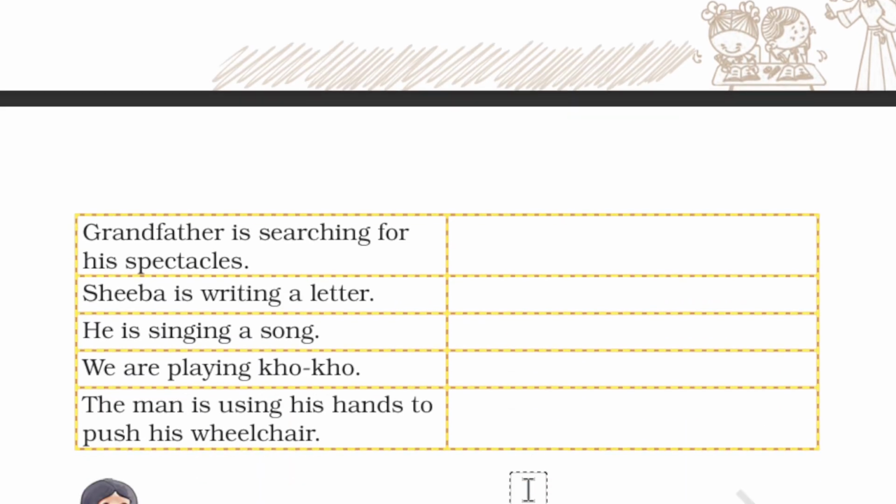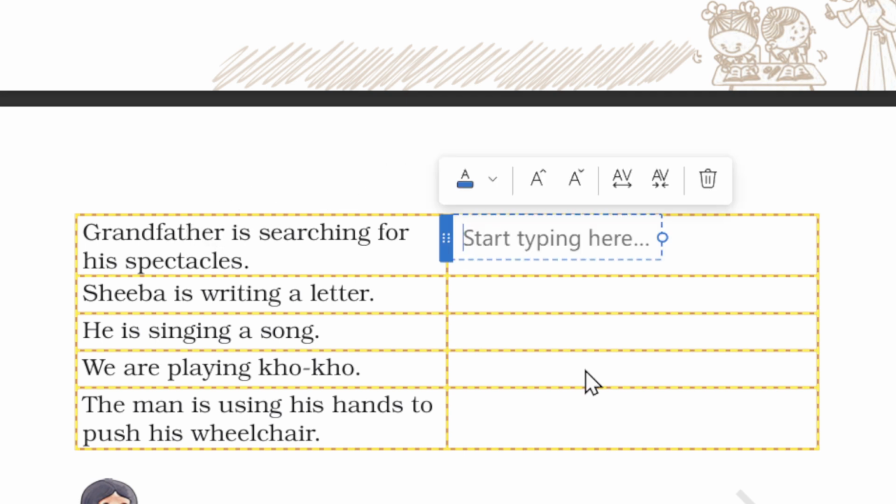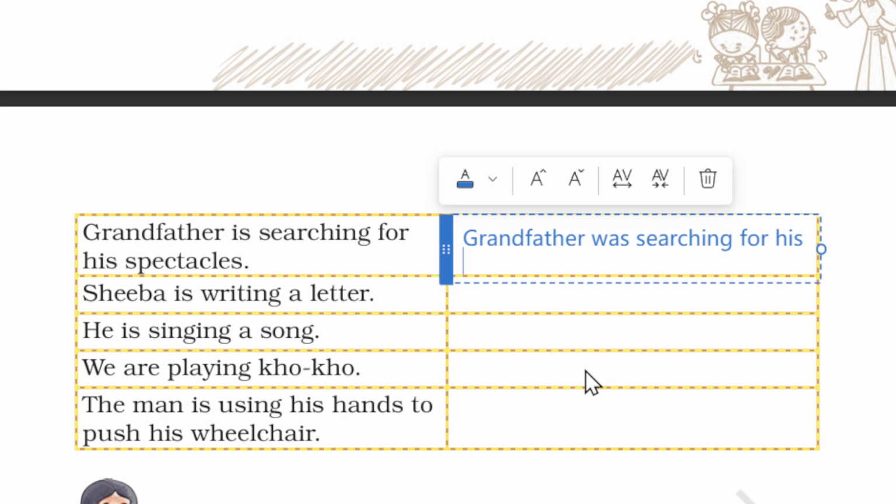Next, grandfather is searching for his spectacles. So grandfather, a single person, so we have to use was. So grandfather is searching will be grandfather was searching for his spectacles.